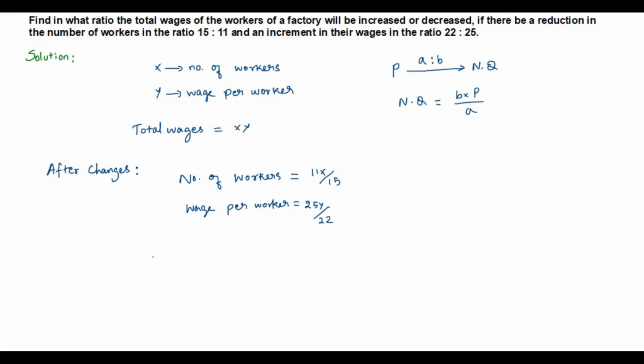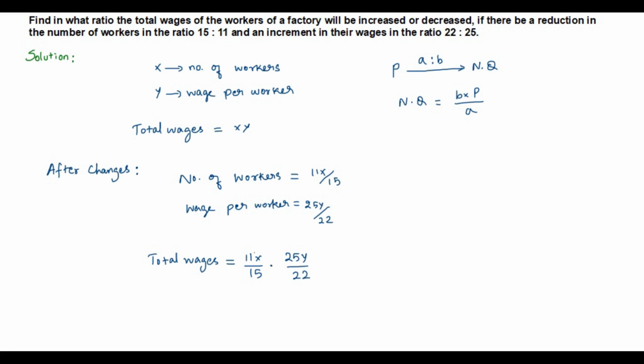Now we got the number of workers and wage per worker after changes. Now let's find total wages. Total wages is equal to the same logic we have applied here: number of workers times wage per worker. Number of workers is 11X by 15 times wage per worker is 25Y by 22.